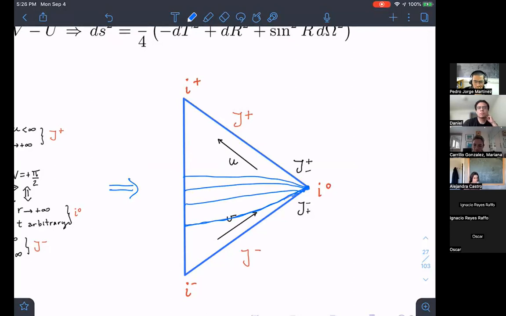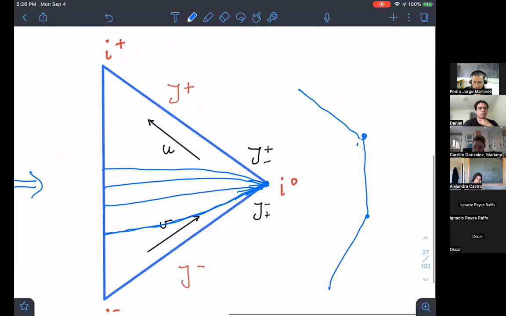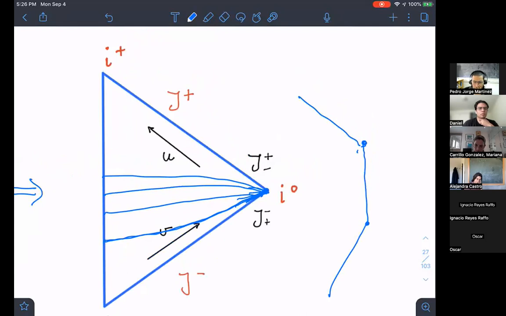So the slopes of the curves arriving to this point are different times, but we can resolve this point by changing the coordinates to go into a better foliation in such a way that we can describe spatial infinity. One example of this is, for instance, a hyperbolic foliation of the flat spacetime, and for that it's useful to use what we know as the Ashtekar-Hansen foliation, which is a foliation of the spacetime with topology R times dS3.